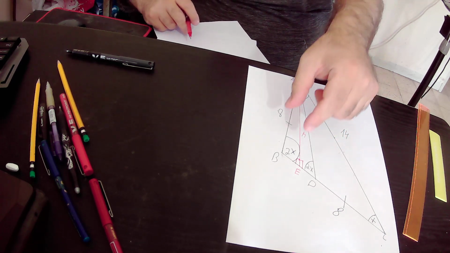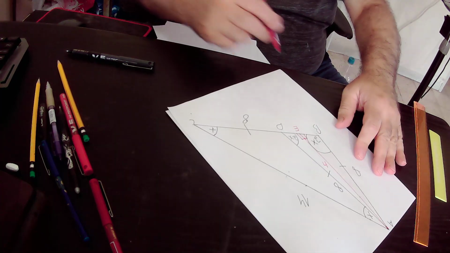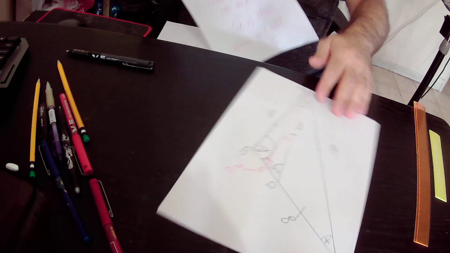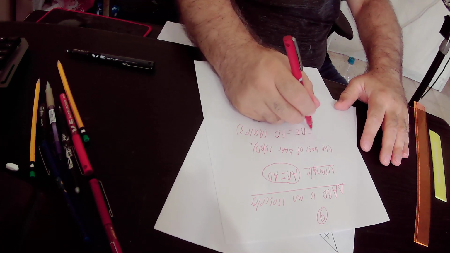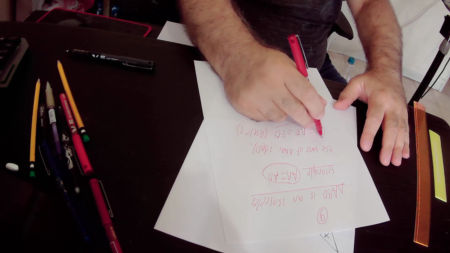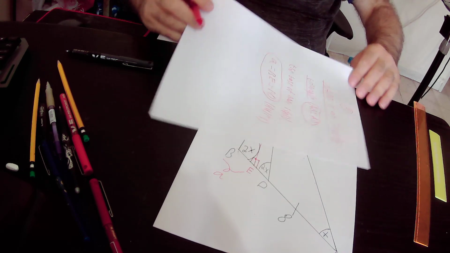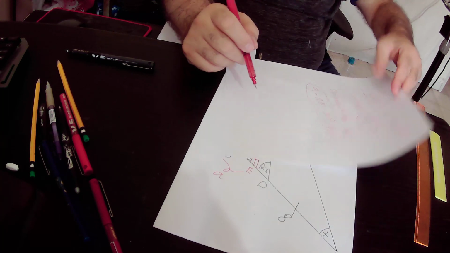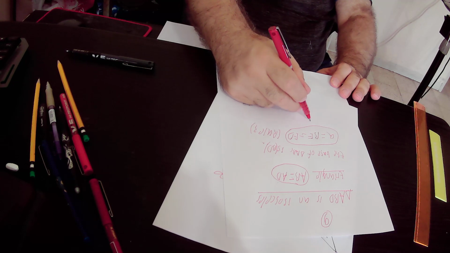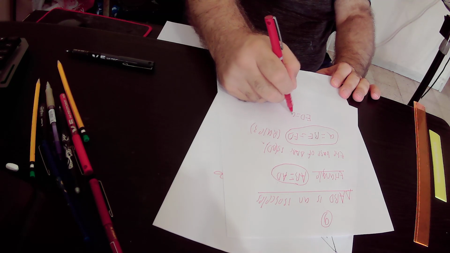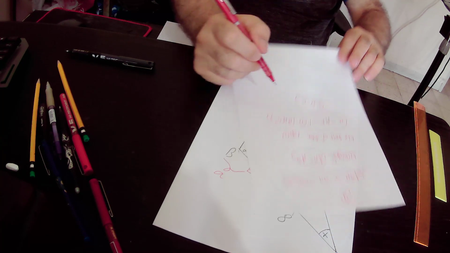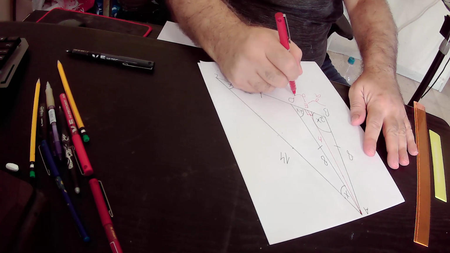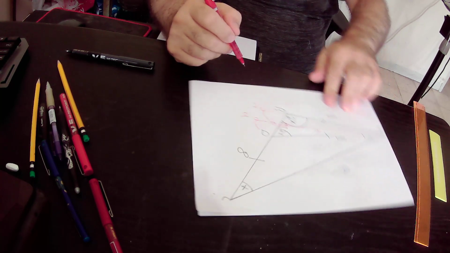And we will define BE as A, that is to say BE equals A. So from this equality we can deduce that ED also equals A.